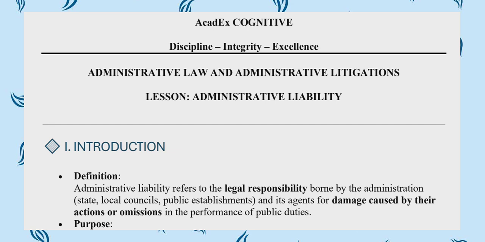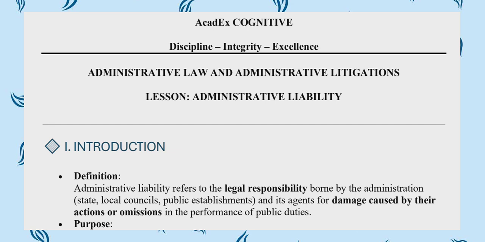So administrative liability is a legal responsibility that is borne by an administrative authority that has caused damage or prejudice to citizens. This damage can be caused as a result of an action of the administration or by the omission of the administration in the performance of their public duties.